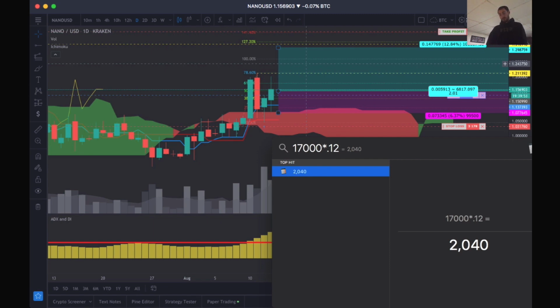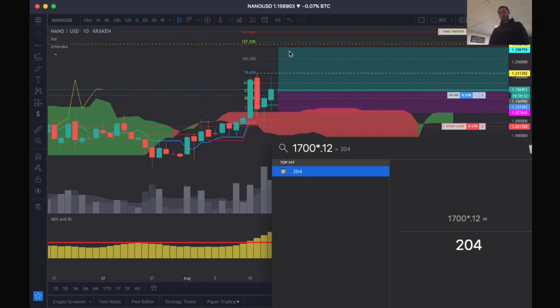If I drop the zero off on that, I had $10,000 for this trade right here, I would have to put in $1,700 in order to make $200. I would lose $100 if it came down and touched that cloud.